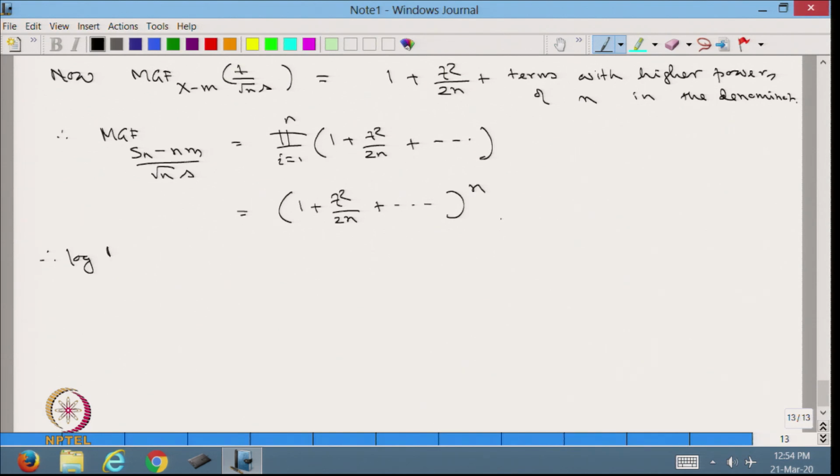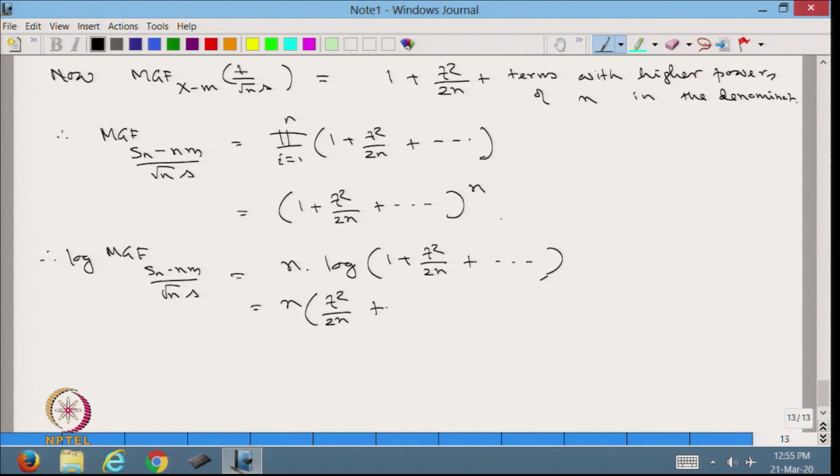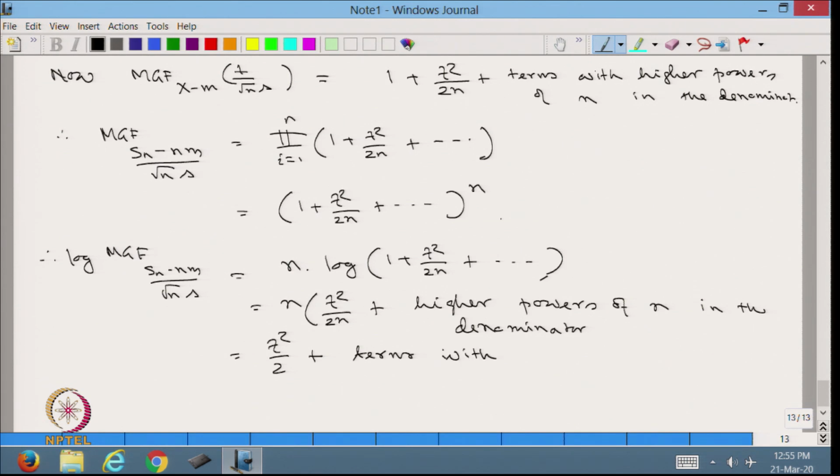Therefore, the log of the MGF of Sn minus nm upon root n s is equal to n times log of 1 plus t square upon 2n plus terms with higher powers of n in the denominator, which is equal to n into t square upon 2n plus higher powers of n in the denominator, which is equal to t square upon 2 plus terms with powers of n in the denominator.